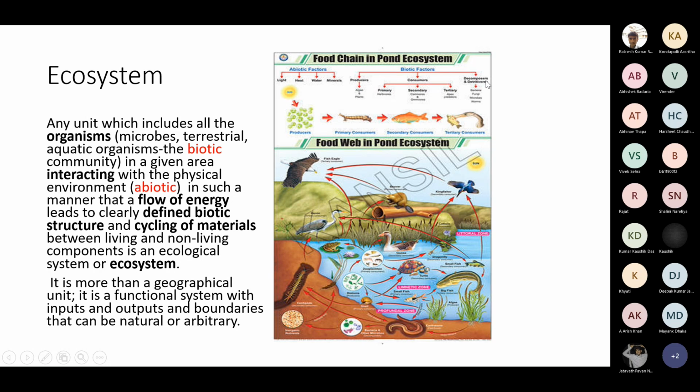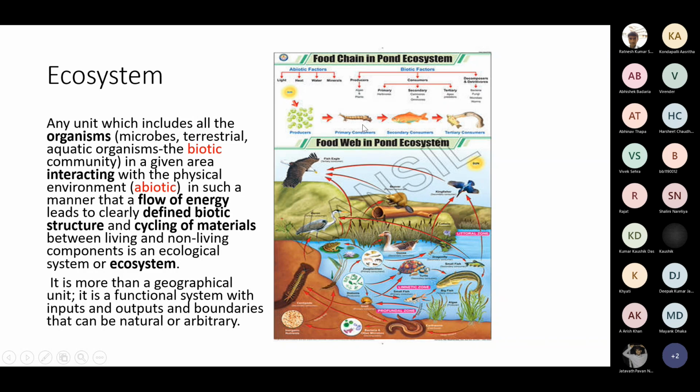These decomposers are like saprophytic fungi, etc., which can feed on any one of them. They can feed on the dead, because the secondary and the tertiary consumers are all eating living things, but the decomposers are feeding on the dead matter, because all of these are going to die.